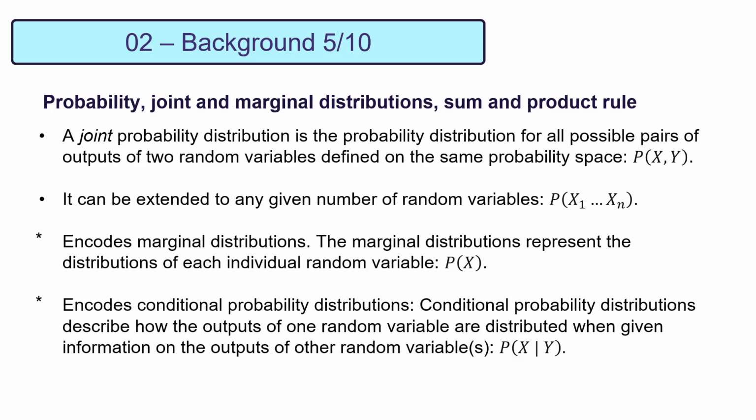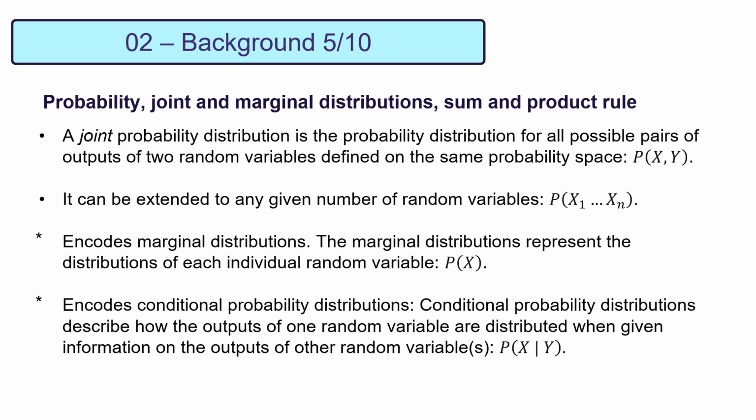And the reason that we like to work with joint probabilities is for two reasons. They basically contain all the information you would want out of a probability distribution, because from a joint probability, you can get a marginal distribution, which is the distribution of a single variable. So if I have p of x and y, I can essentially say, okay, if I consider all the possible y's, then I can just get p of x, and vice versa, right?